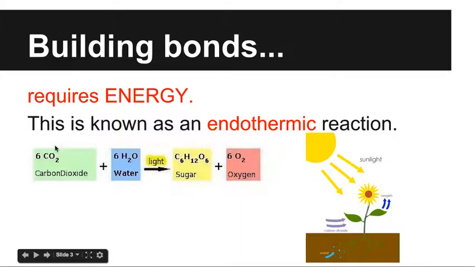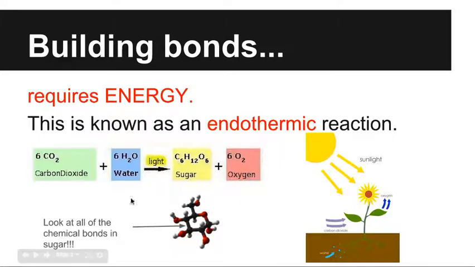This is a reaction that builds bonds. Look at this. This is glucose right here, the sugar molecule. These are all carbon atoms connected with oxygen atoms and hydrogen atoms. Look at all of the chemical bonds here. You could count them up, 1, 2, 3, 4, 5, 6, 7.